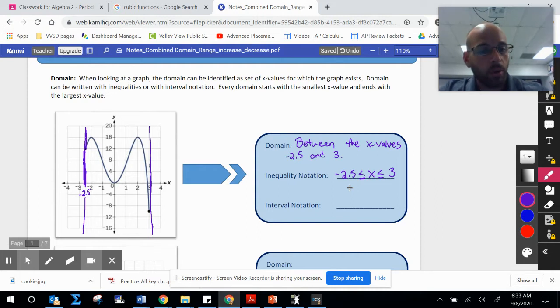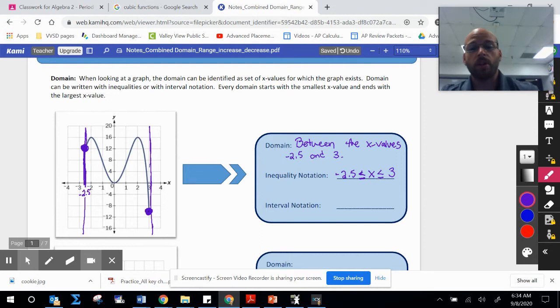Now, one thing to point out: if you notice on my original graph, and I'll highlight them here, I'll make them nice and big, these were closed circles. When you have closed circles, that means it's inclusive, and we need to make sure our inequalities have equal to's. So notice I use less than or equal to symbols for each of my inequalities.